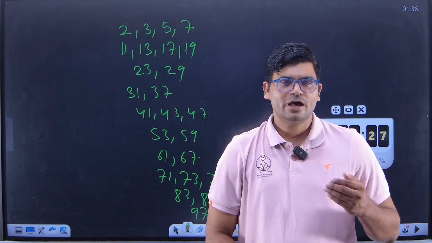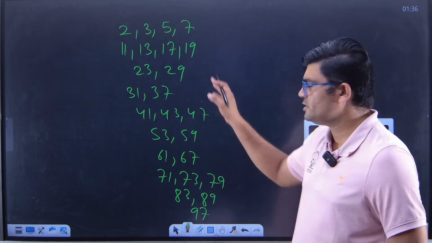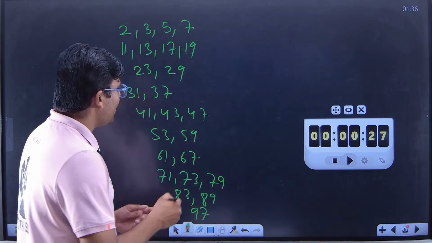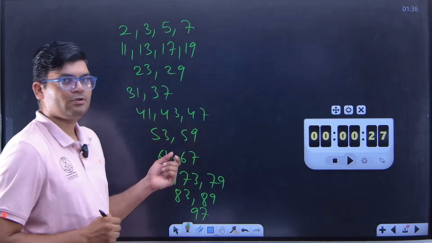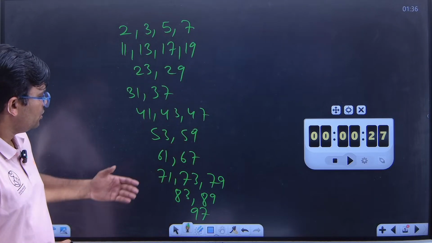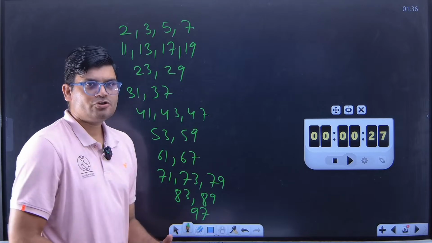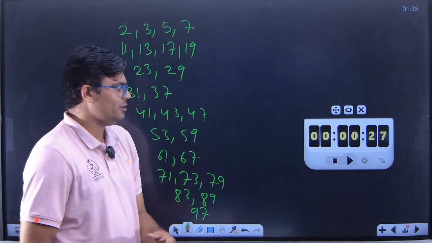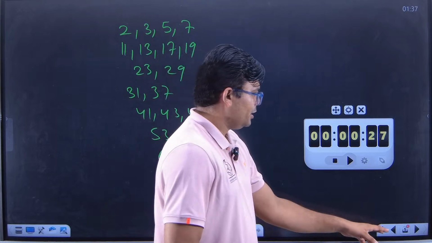See, I just took 27 seconds to write all these numbers. And you can check my handwriting also. I think all the numbers are crystal clear in front of you. The board was a bit shorter for me, or if I would have written like this, I could have done it in much better timing. Let us check once again.